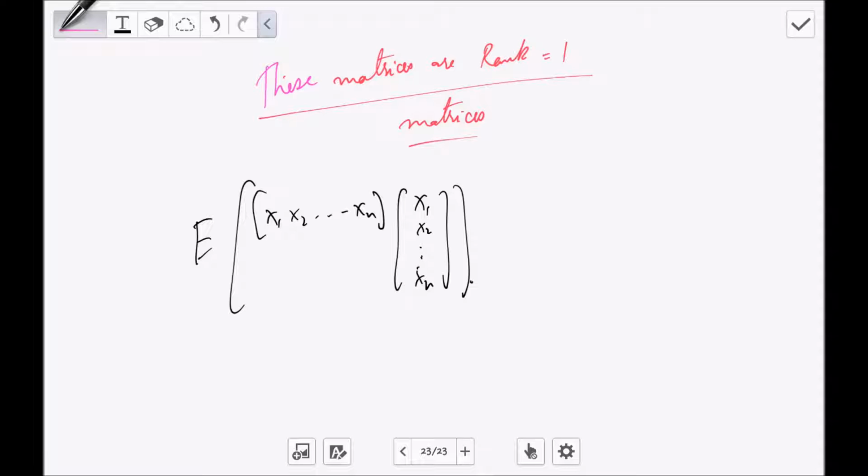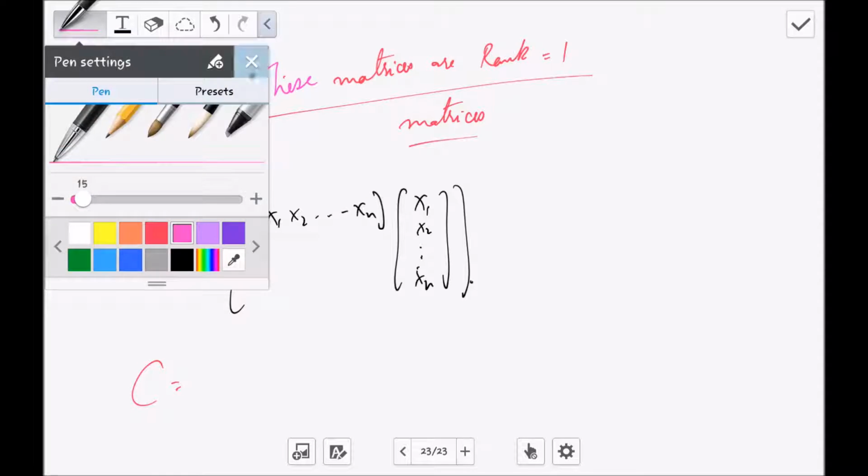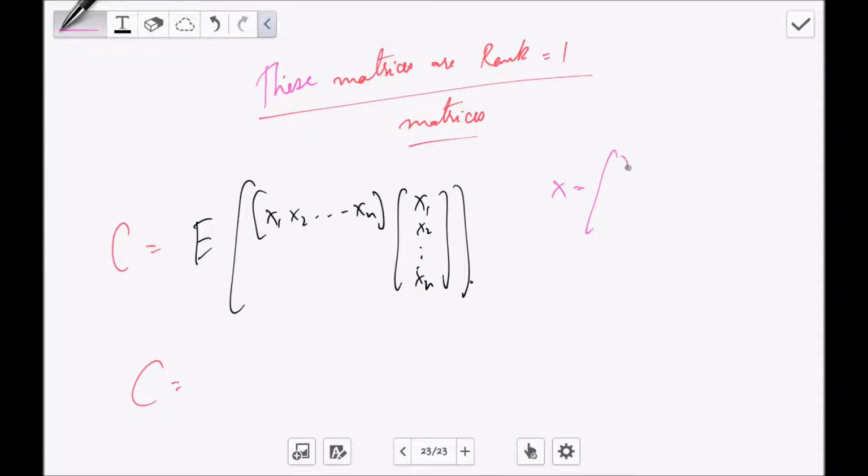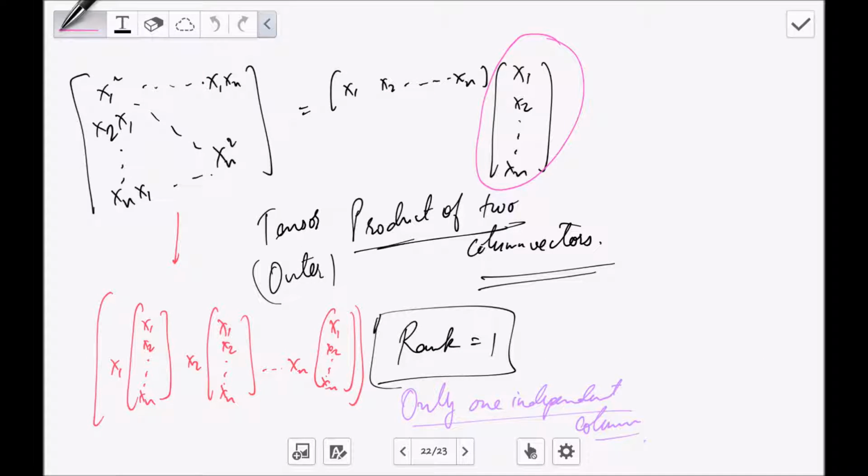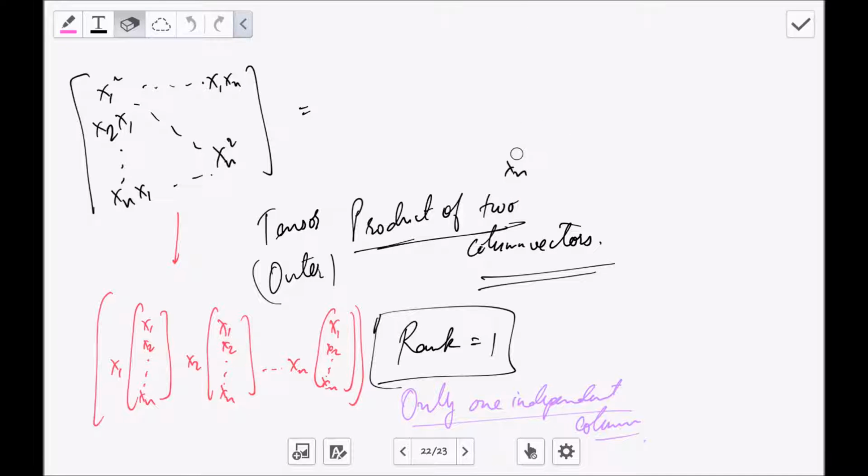So this is your covariance matrix. Now assuming that this is a vector, x is equal to x1, x2, so on up to xn. We have C as the expectation of x x transpose. Oh, I wrote it the wrong way here. It is this. The tensor product is this.